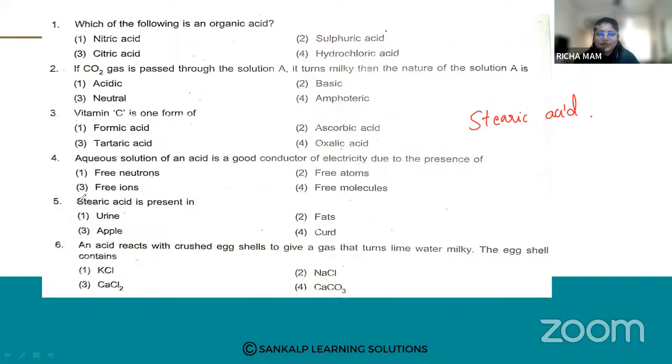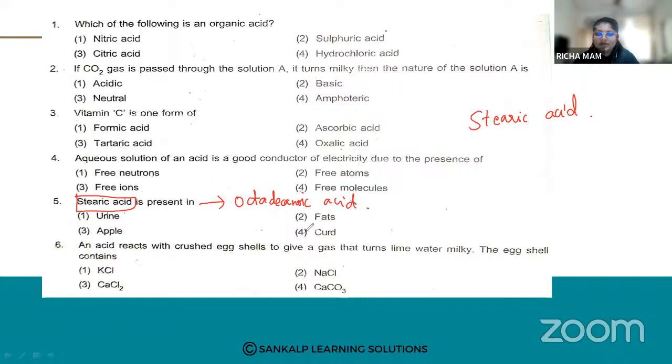When you talk about stearic acid, what is it? It is a saturated fatty acid, also called octadecanoic acid. It is like wax, a waxy solid.